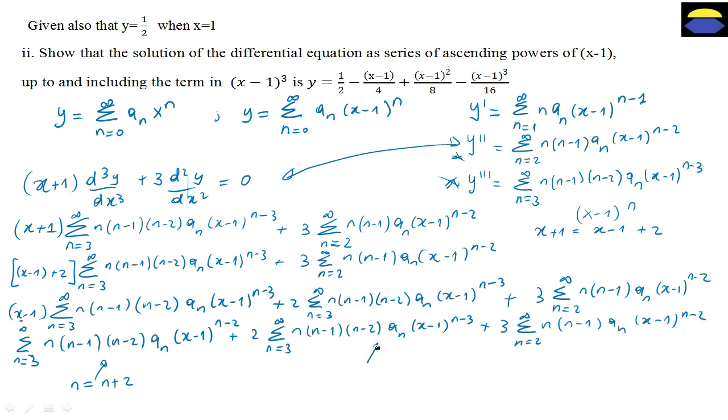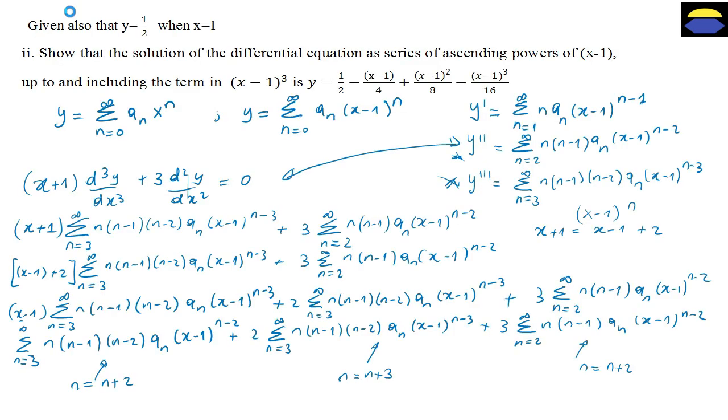For this expression here, I'm going to get n as n plus 3, and for this one, I'm going to get n as n plus 2. Is that okay? Having done that, I move on to the next slide to have more room.